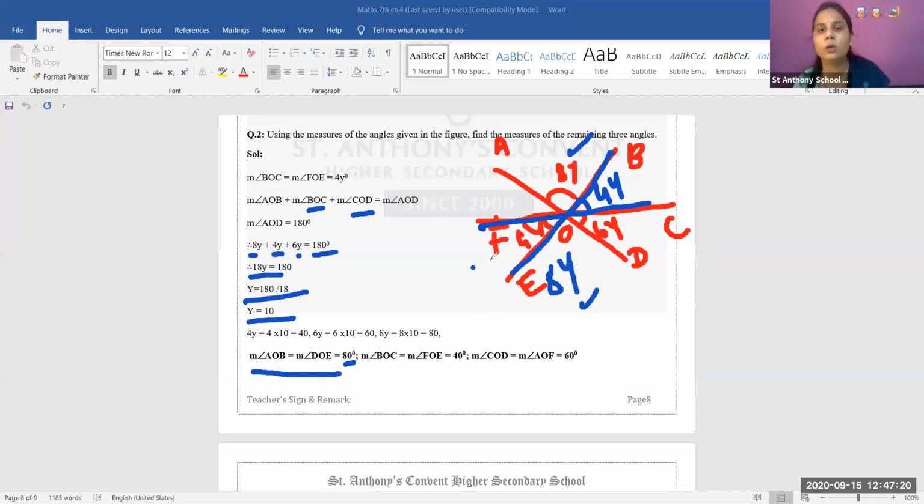Now we can take this EOF and BOC, the value of both is the same, that is 4y. So 4 into 10 is 40. So this 40 value is also solved. Now remaining, which one is left? Measure of angle COD is equal to measure of angle AOF is equal to 6y, means 6 into 10 is equal to what? 60. Now all angles have been solved.